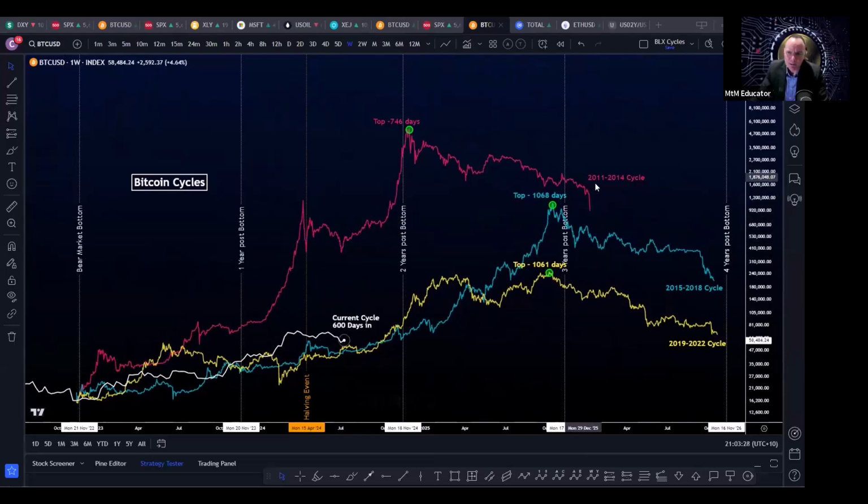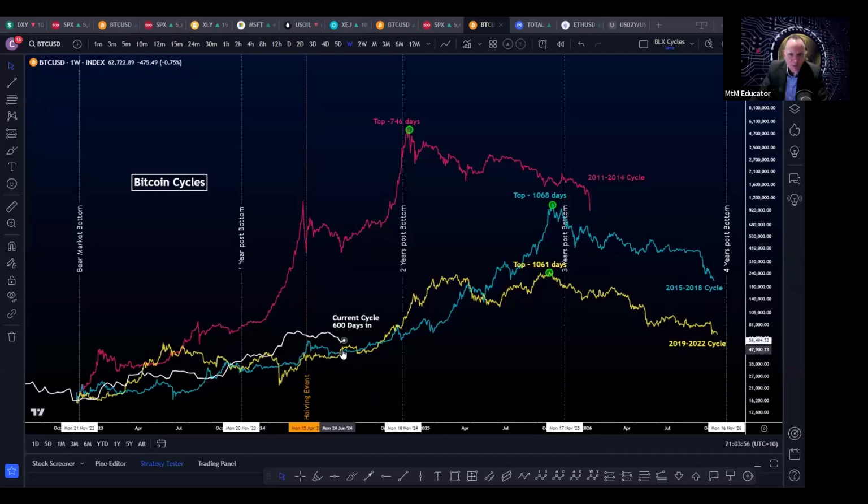This is the first cycle, from 2011 to 2014, which topped at 746 days. Then we had a longer than usual bear market down. The teal color here was the 2015 to 2018 cycle. We were following this one most closely in terms of our current cycle.